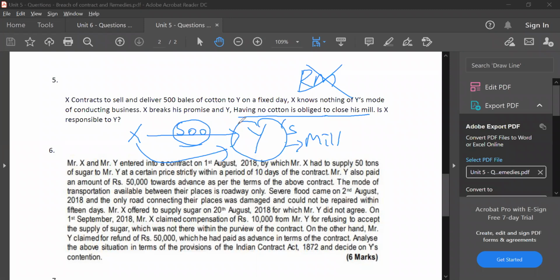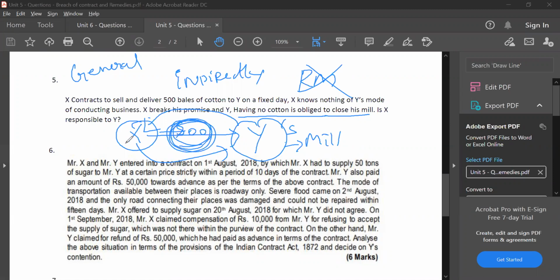Now Y wants to claim compensation from X. Because X failed to deliver the goods, it is indirectly leading to loss to Y, and therefore Y can claim general damages. The amount of loss he is going to make because of the 500 bales not supplied, breach of contract by X, he can claim as general damages.